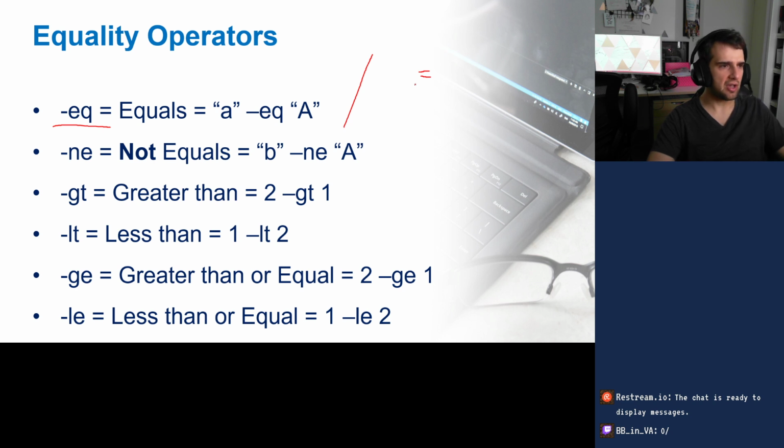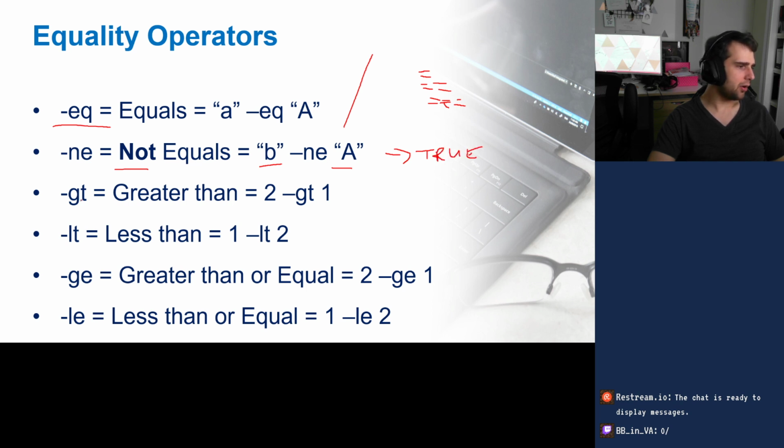In JavaScript, you have different types of it, your doubles and your triples, which denote different types of comparisons. But essentially, it's the same thing. Then not equals is the reverse of equals. So if B is not equal to A, then the condition evaluates to true.